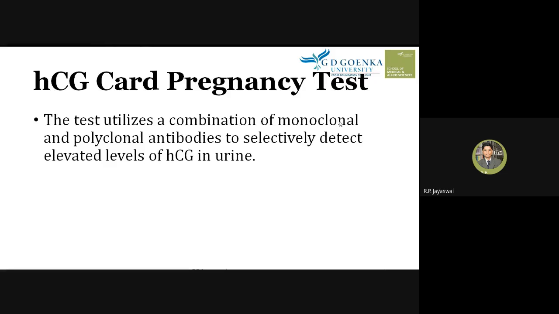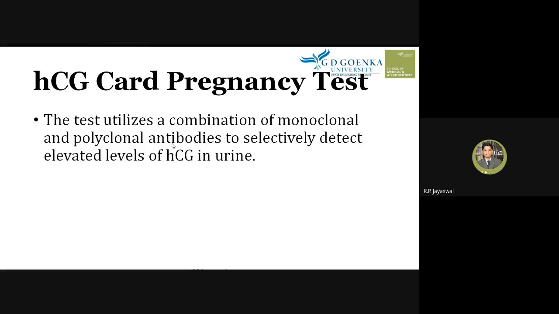Monoclonal antibodies are those antibodies which contain only one type of antigen binding site, so they can bind to only one type of antigenic determinant. Whereas polyclonal antibodies are a mixture of antibodies which can recognize different antigenic determinants in the antigen.